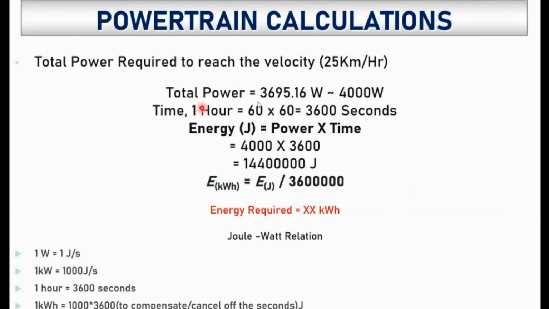Here, ignore the numbers, but what I have done here is a conversion from joules to kilowatt hour. Let's say we are choosing a motor of power, let's say 4 kilowatt, and the total amount of energy that is required is calculated with this formula.